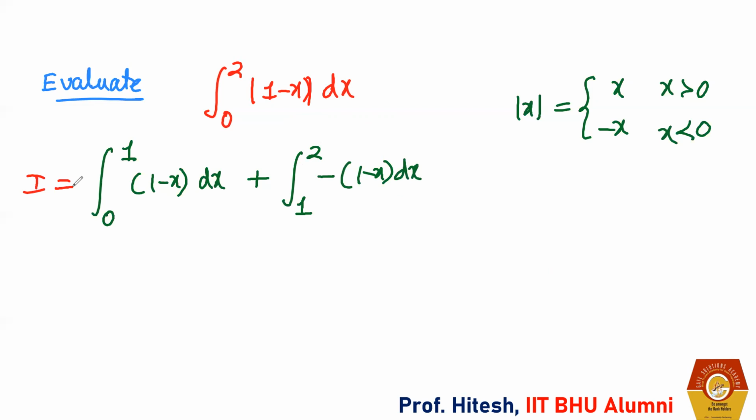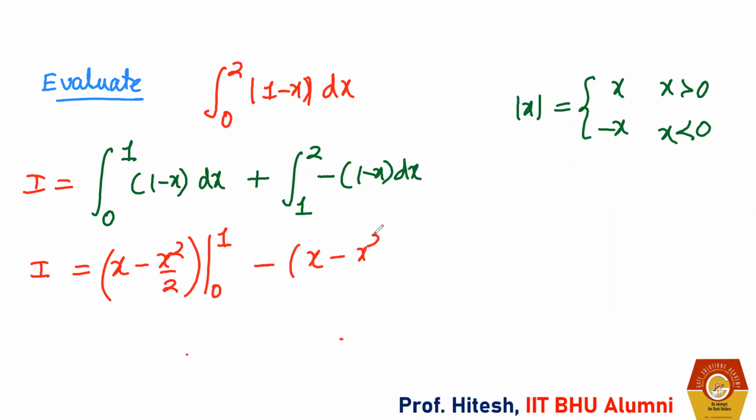Solve it. So it will be the integration of 1 is x minus x square upon 2, limit is 0 to 1, minus the integration of 1 is x minus x square upon 2, limit is 1 to 2.